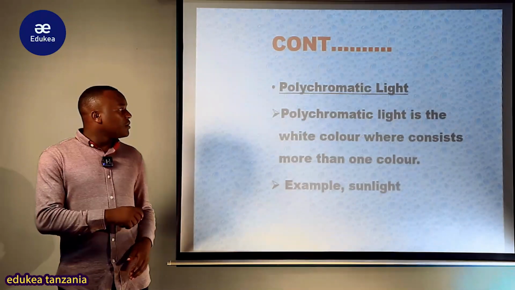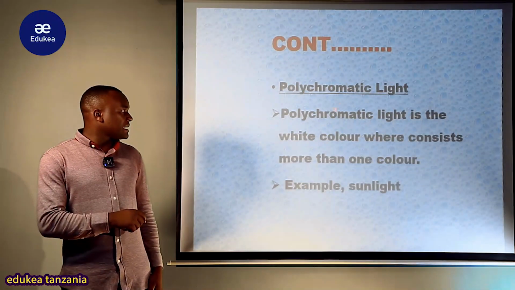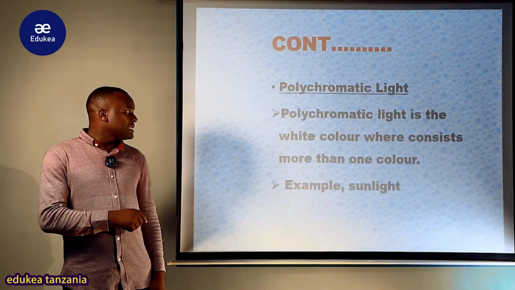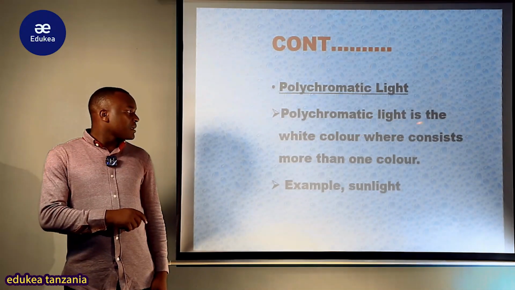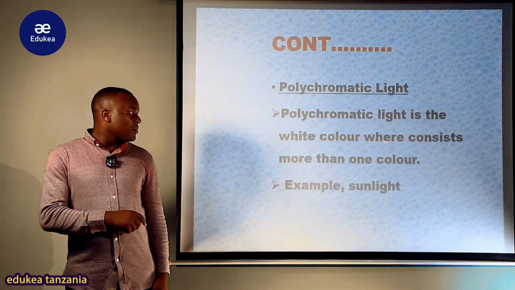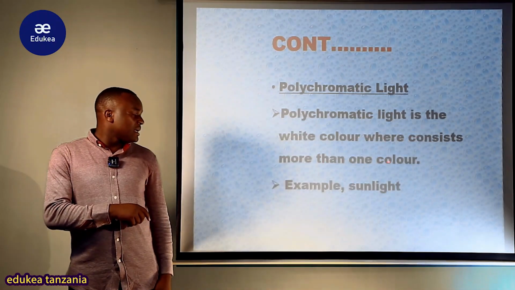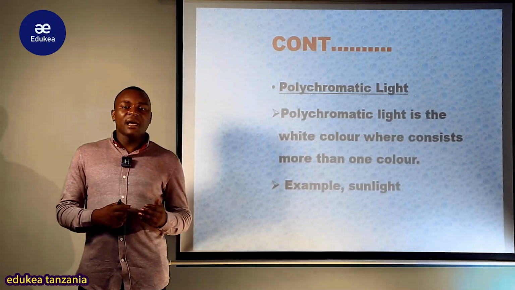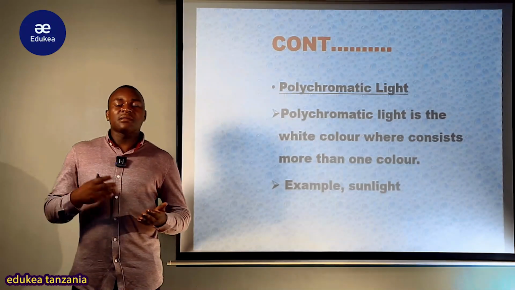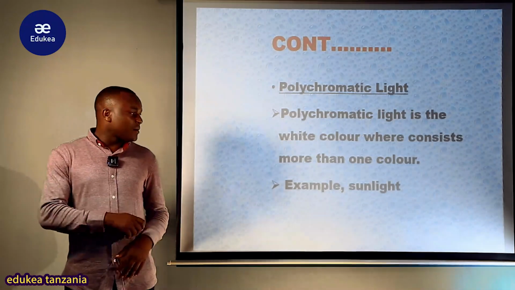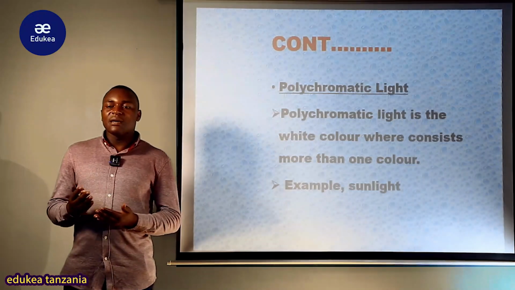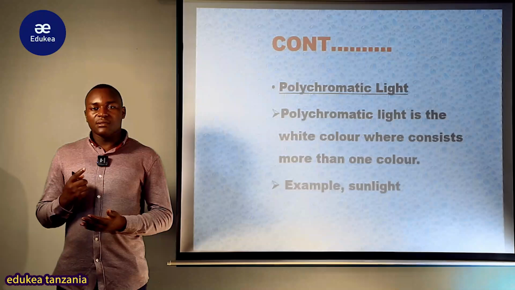Starting by looking at polychromatic light, we say that polychromatic light is a white color which consists of more than one color, kwamba ni aina ya light ambayo imeconsist more than one color. Kwa mfano sunlight maana yake imeconsist rangi tofauti tofauti, sio rangi moja.